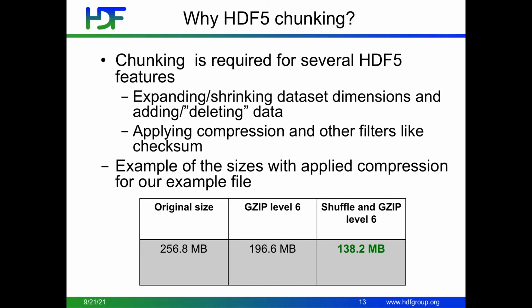You can see it's very beneficial. In this case, we applied not only gzip compression, but we also applied shuffle before gzip, and we got a much better compression ratio. So this is a desirable feature to use.